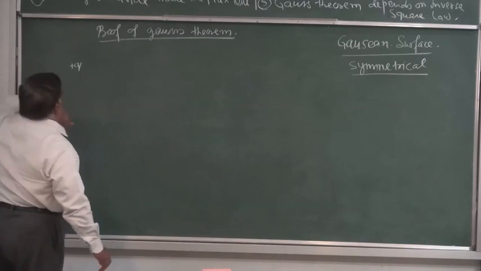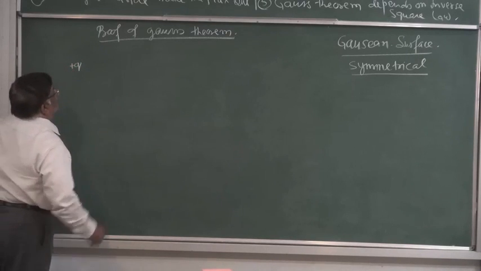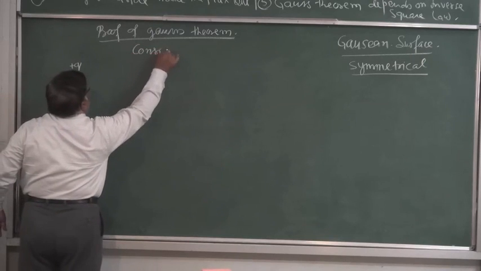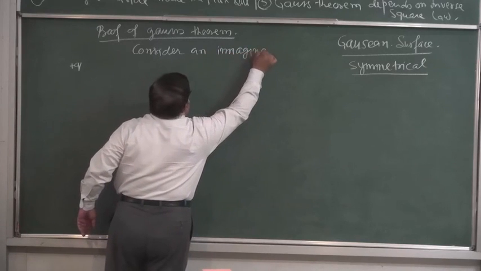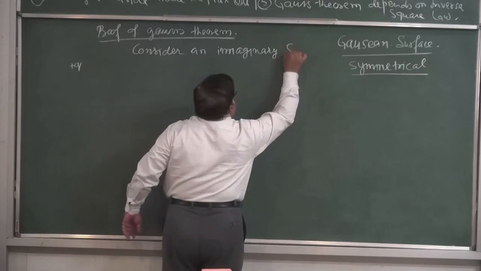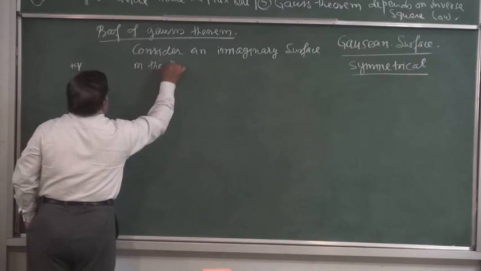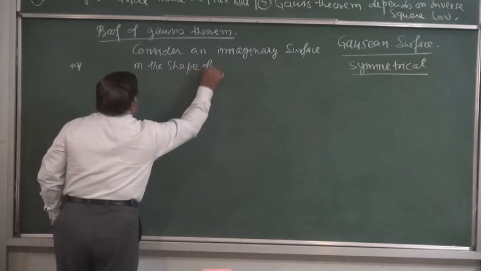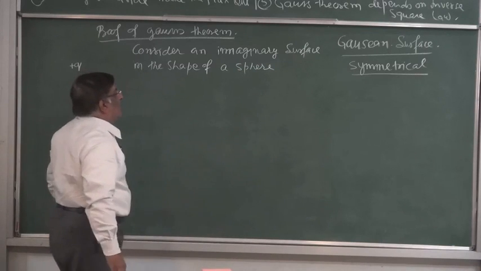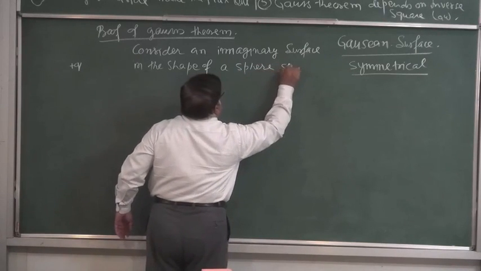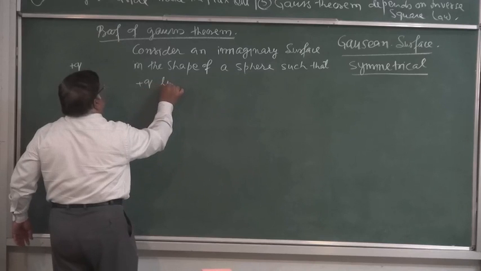Now, for the proof of Gauss theorem, here is a charge Q. Let us consider an imaginary surface in the shape of a sphere, such that Q lies at its center.